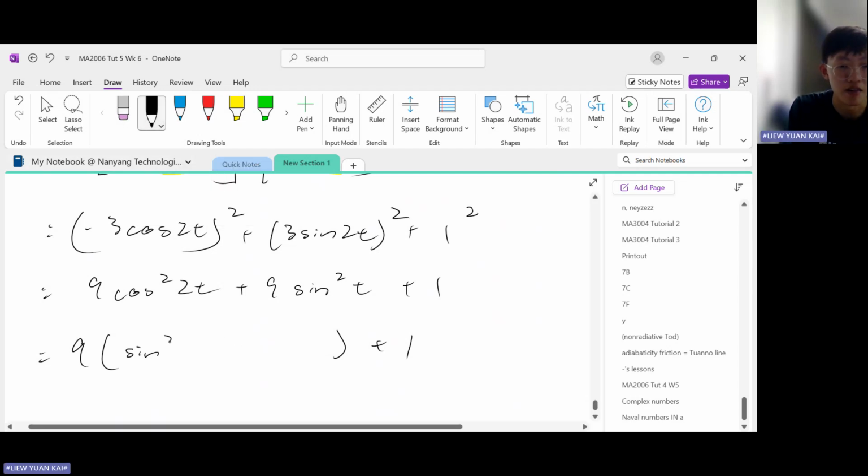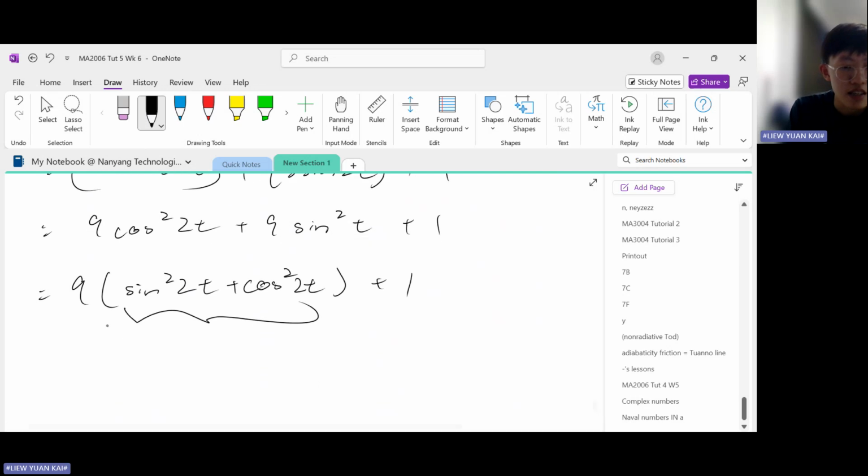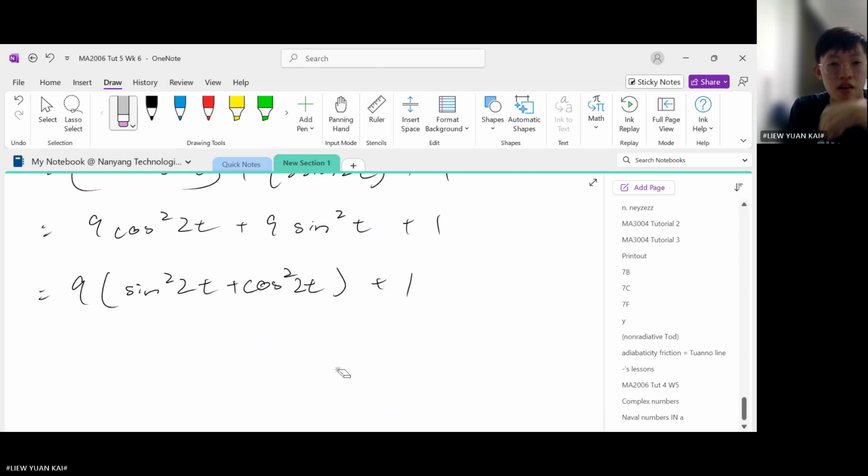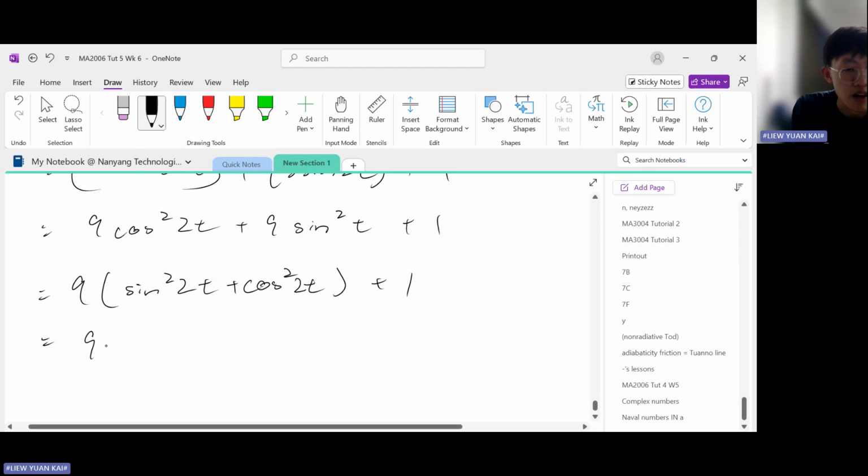So I'm just gonna flip it around. The reason why I do that is because this looks like a very familiar form. This is actually the Pythagoras identity. Remember the identity: sine squared a plus cos squared a is equal to 1. That means I can neatly replace this term with 1. You have this, and then you simplify this, it'll become 10. So that's the answer to the very first question, 10.